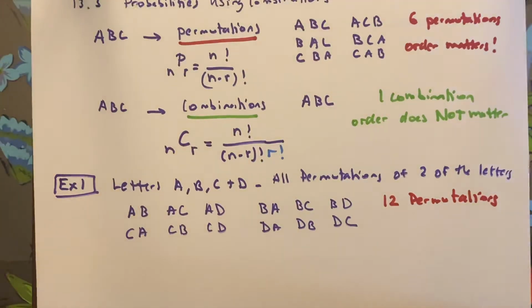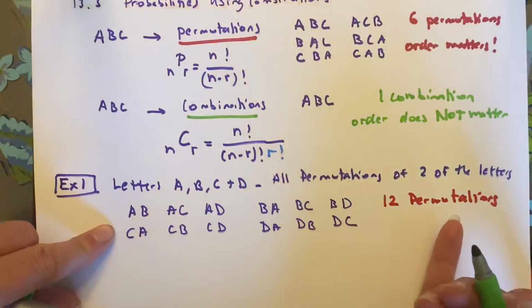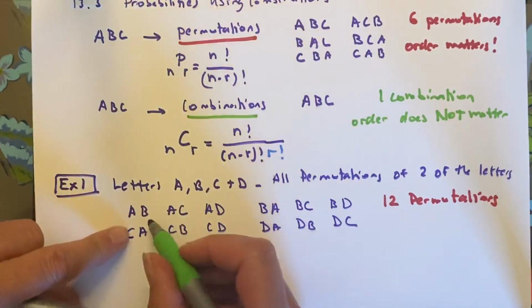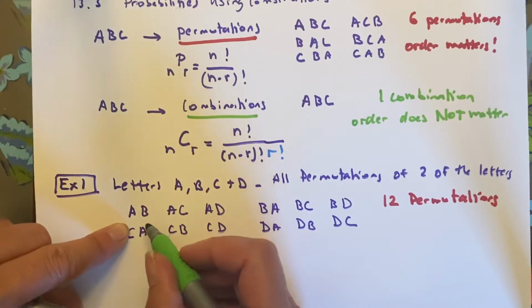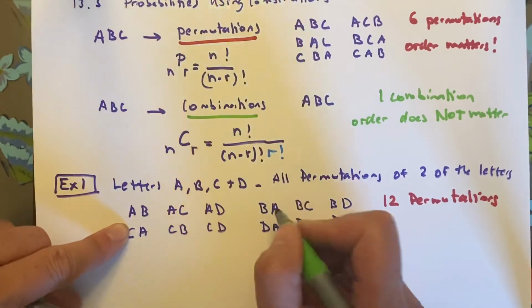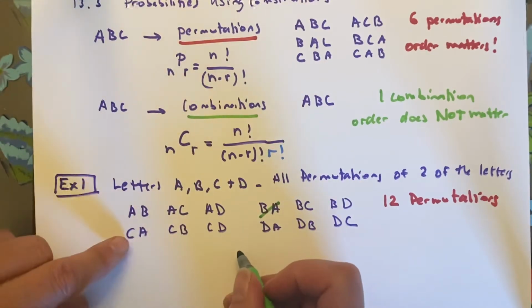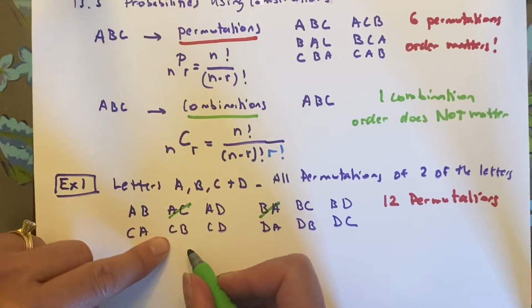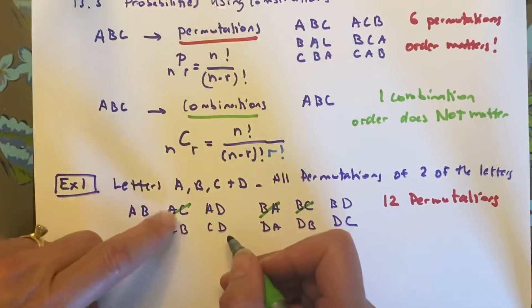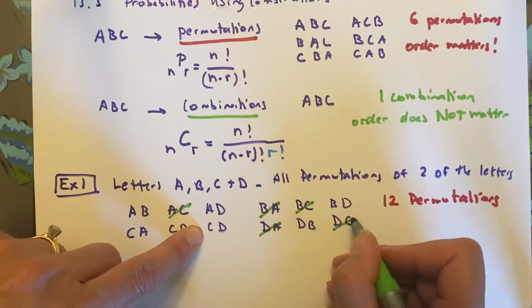But if I cross out any duplicates, because in combinations it doesn't matter, if I have the same letters in a different order, I have to cross it out. So AB and BA, there's one combination between the 2 of them. CA and AC, there's one between them. CB, BC, one between those, AD, DA, and CD, DC.